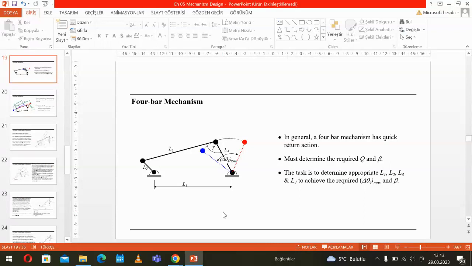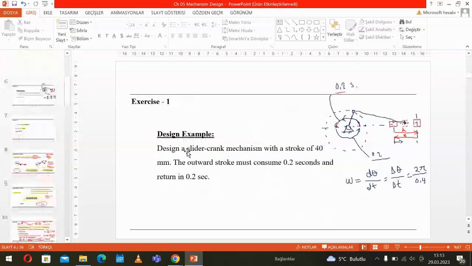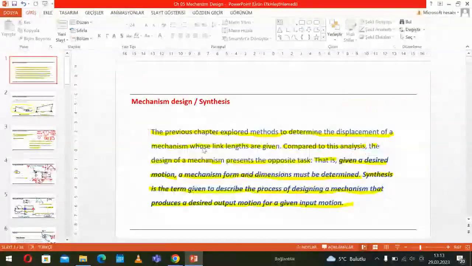That means if we go back to the beginning of the lessons, we said the previous chapter explored methods to determine the displacement of a mechanism whose link lengths are given. So we did it in the previous chapter.